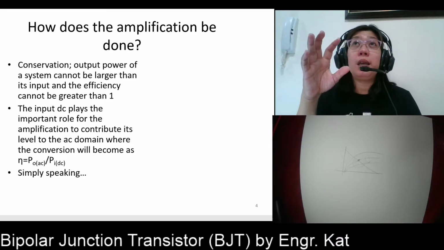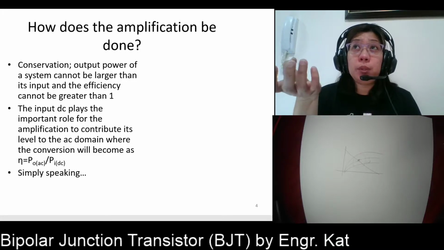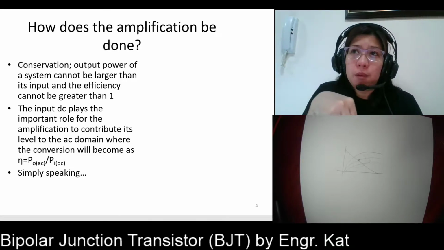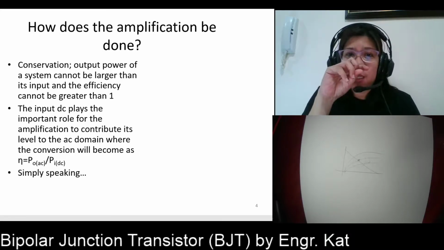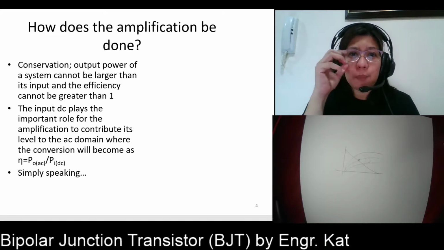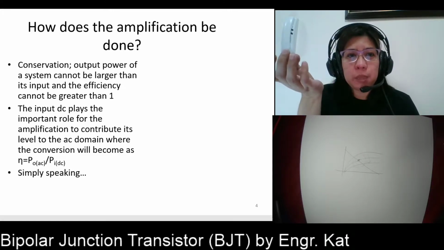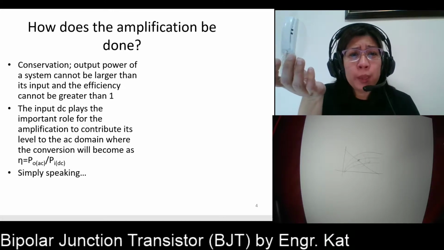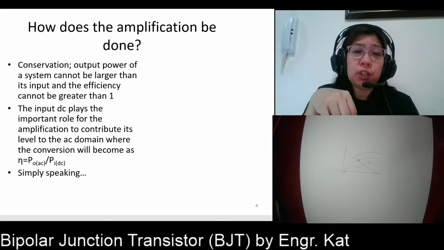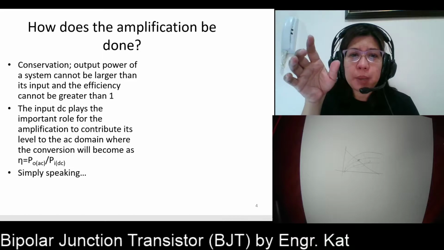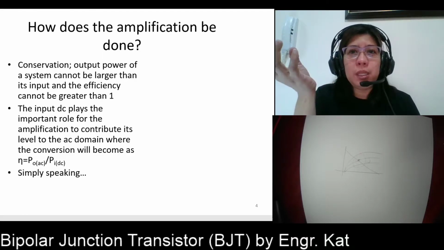Usually in this case, the output is smaller than the input because of several losses that might occur during the process. Without considering the losses, the highest efficiency that is possible is only 100%.